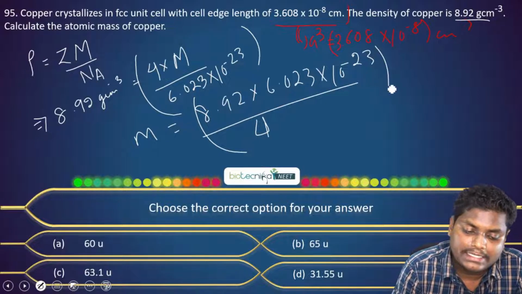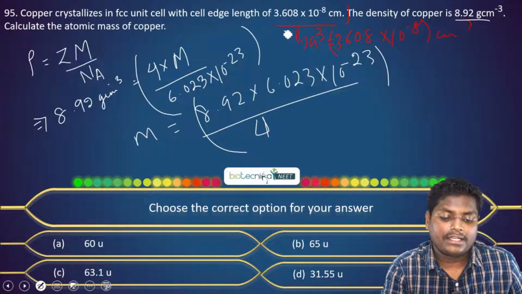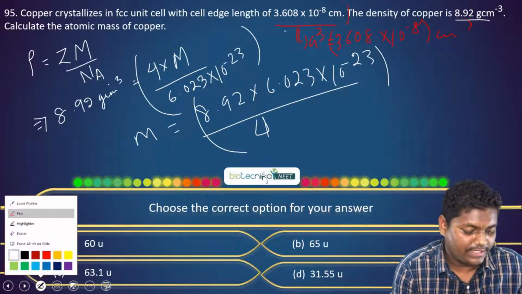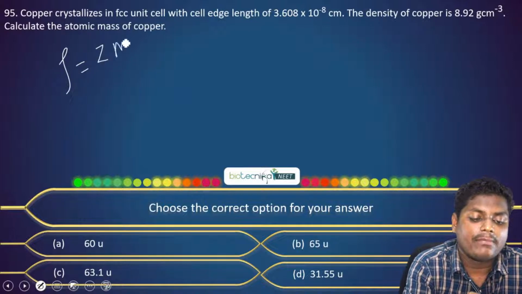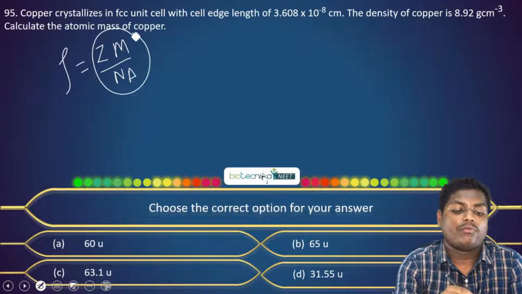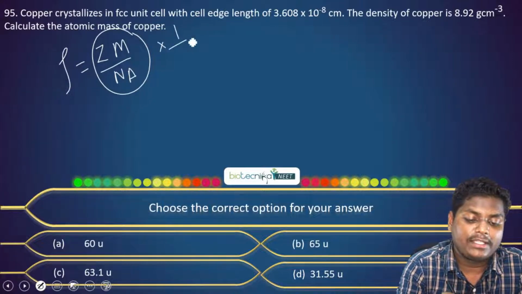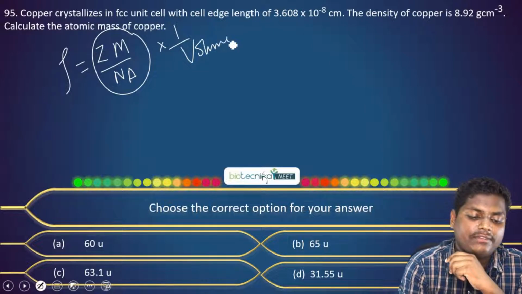The a cube volume is also there. So what is this? I'll just rewrite this. So density is Z m upon Na. This is the mass that we have, and we need to divide it by the volume that we are having.